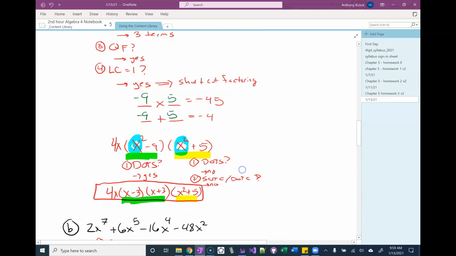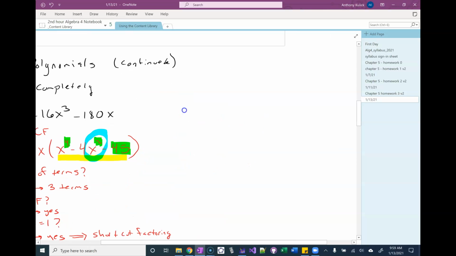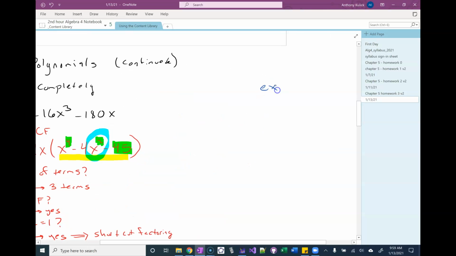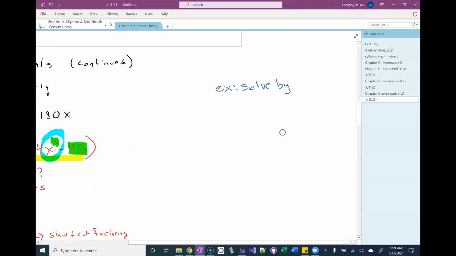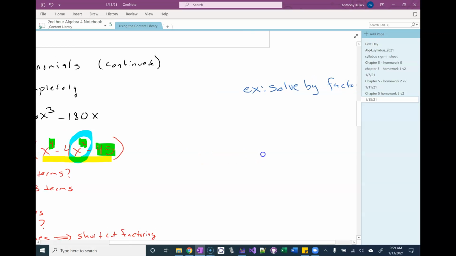So I'm going to go back to each one of these 3. So we're just going to turn this into a solving problem.